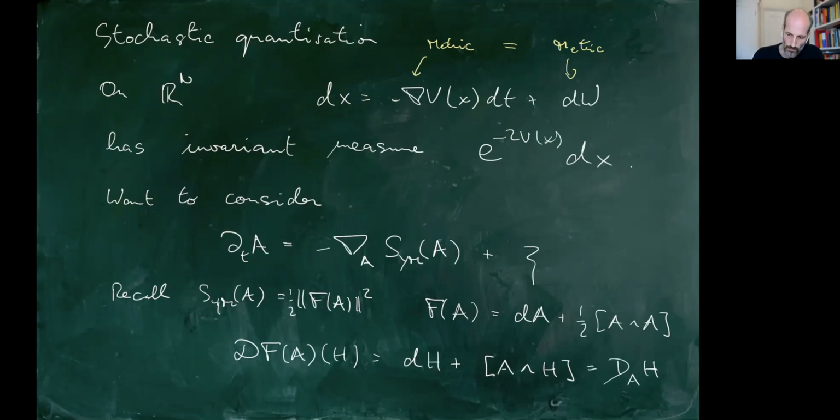So what does this tell us about our equation? If you have a function of the form 1/2 the norm of F of x squared, where you have some norm here, and you want to take the gradient of this, then what do you get?